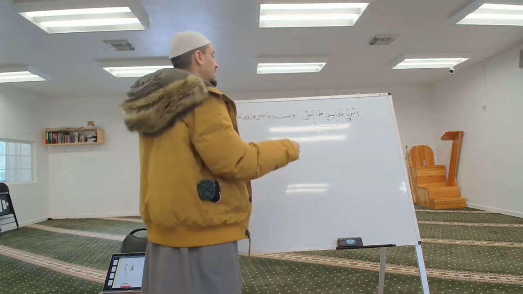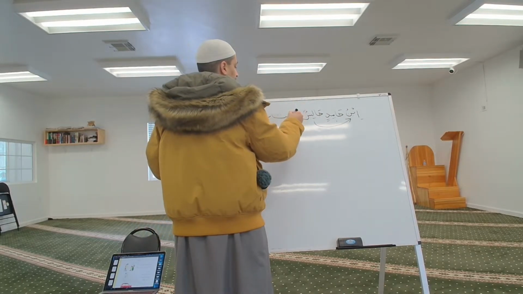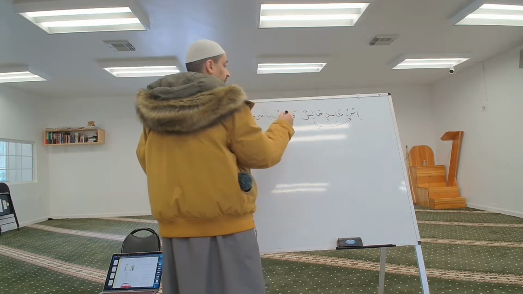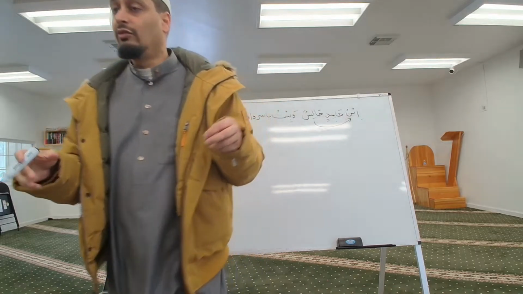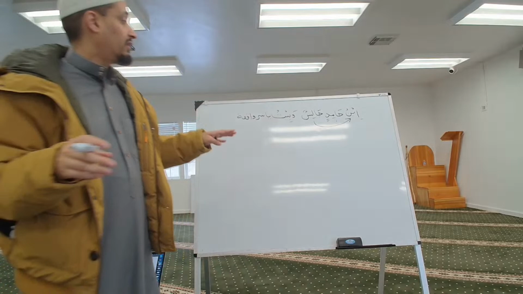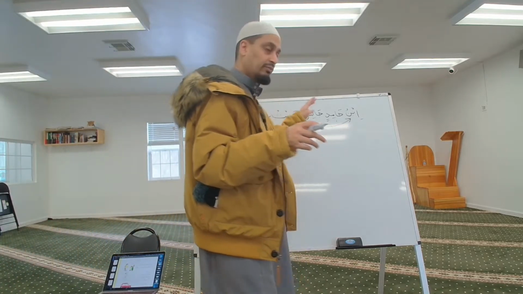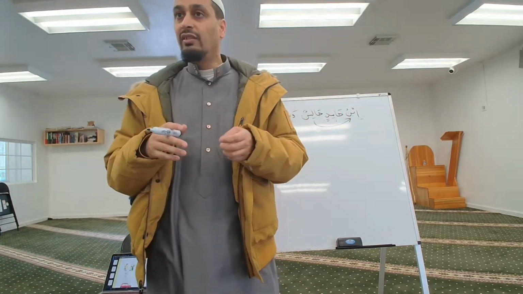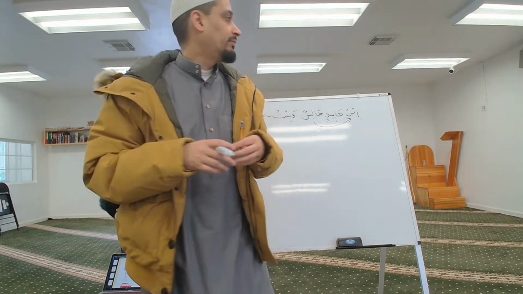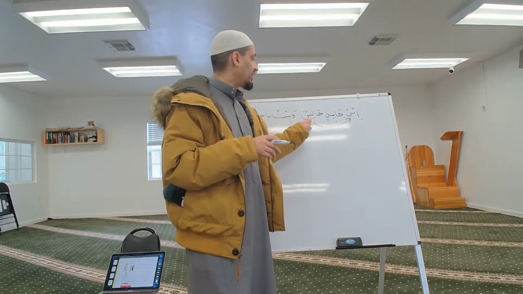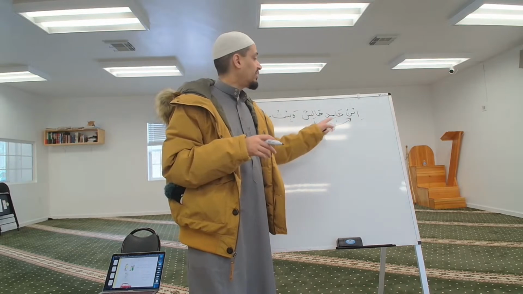Then we look at the second part of the sentence. Jalisun here is a verb, and it is the predicate. It's giving information about Ibn.